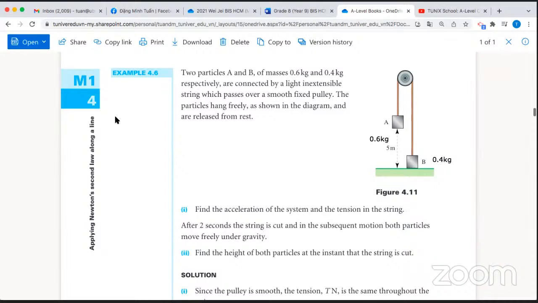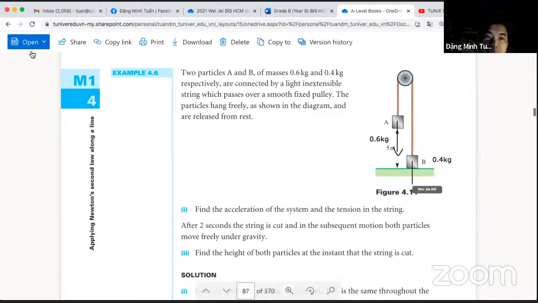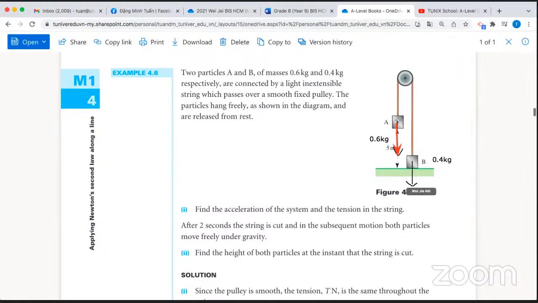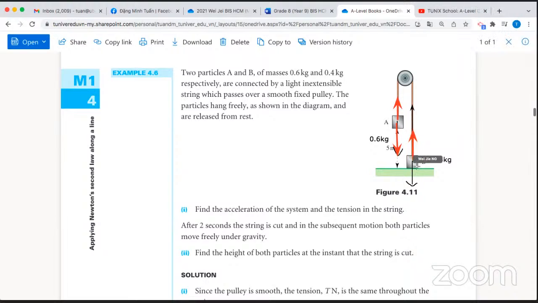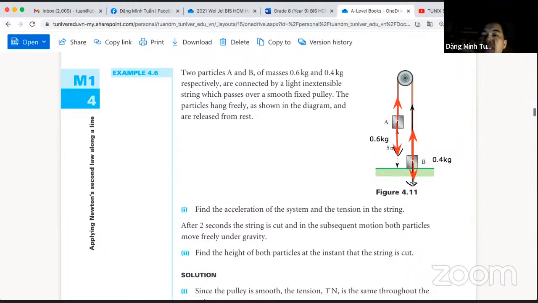There is a scale. So mark out clearly the forces and the weight here, and then here the tension, and here the tension, the same one, and also here the weight, right?